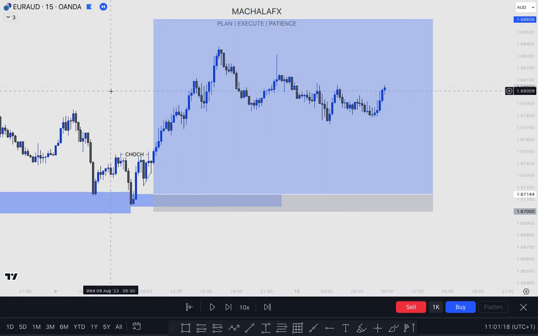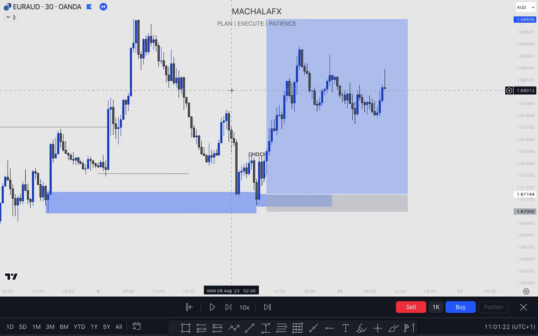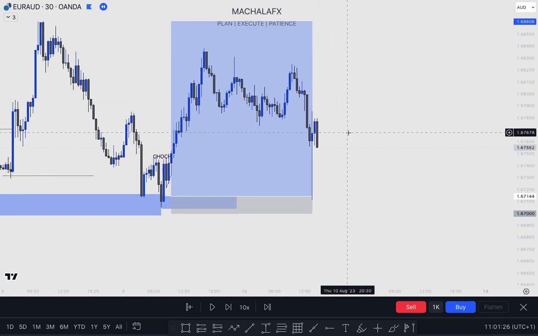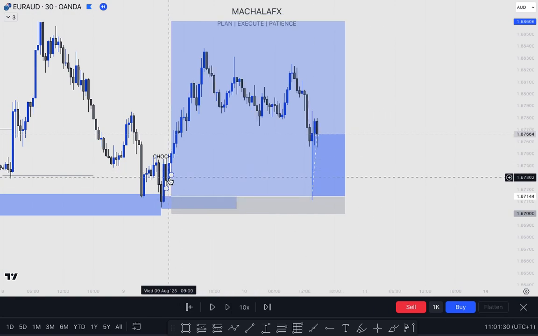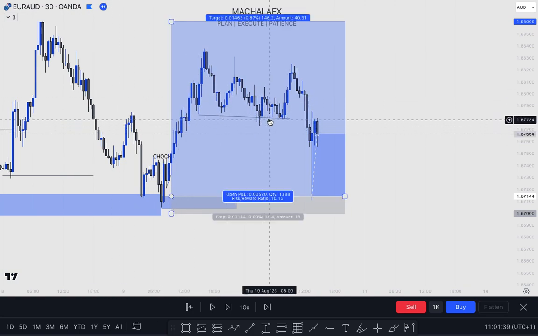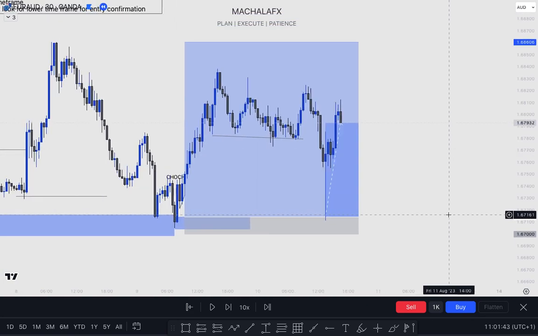Let me go to 30 minutes and make it faster. So sorry guys, just trying to make it fast. Okay, now we tap in. You see how we tap in, grab all this liquidity that is here. They grab all the liquidity around here too. All this inducement, people are trying to buy around here. So let's see if we hit our take profit.